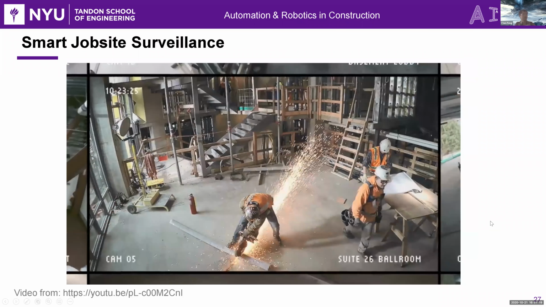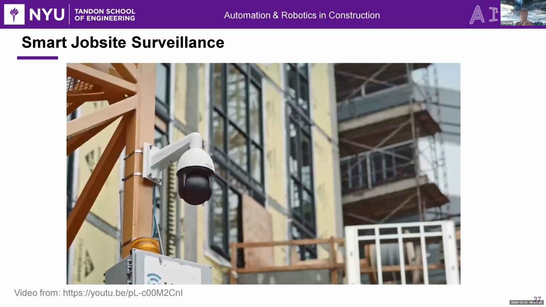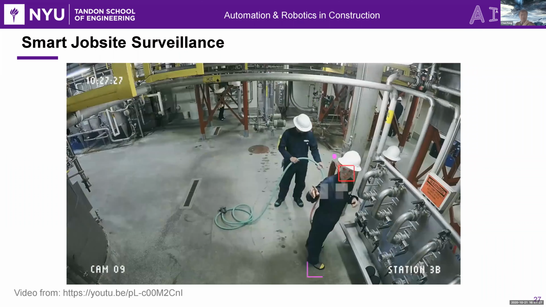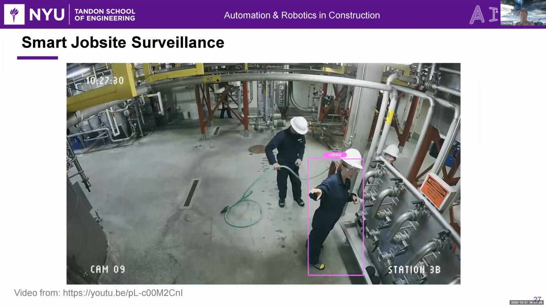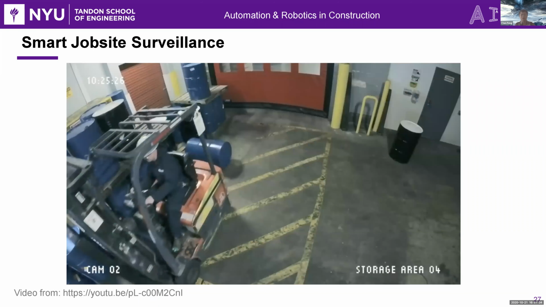I will lower the volume and talk while this video is playing. What's surprising is that Microsoft, as a big IT company, usually doesn't have much business in construction, except for Microsoft Project.